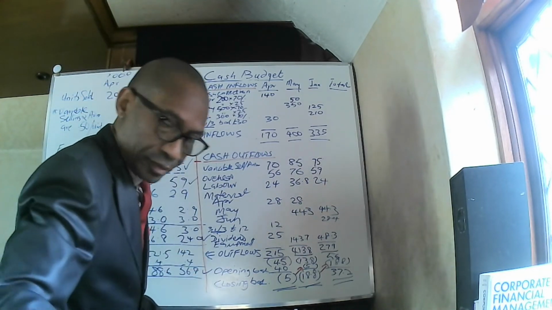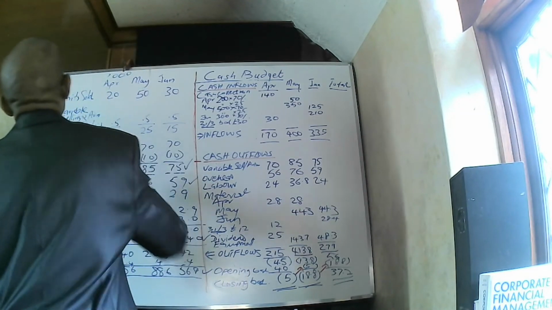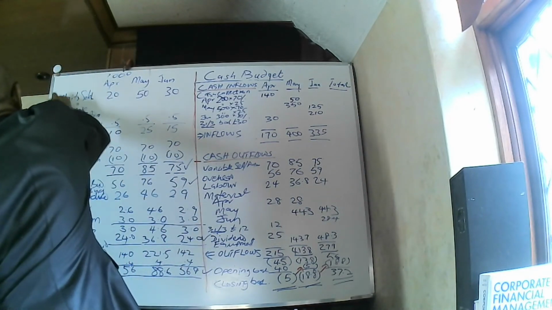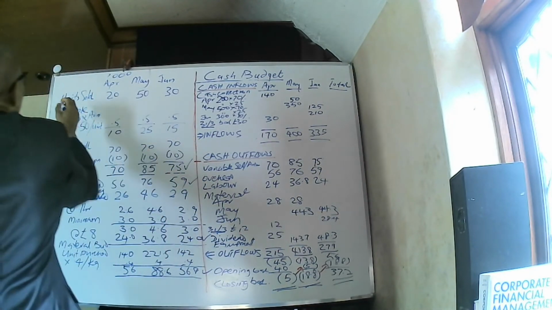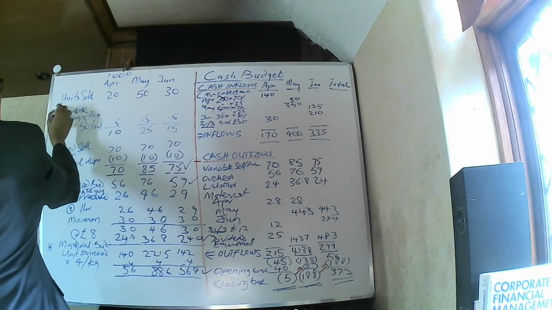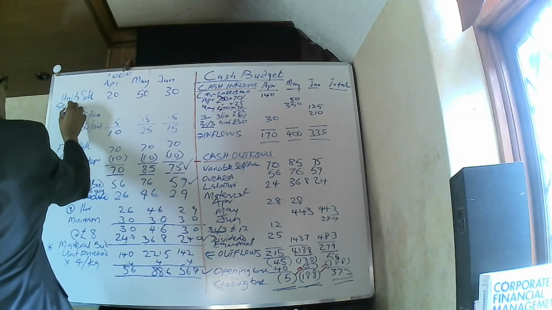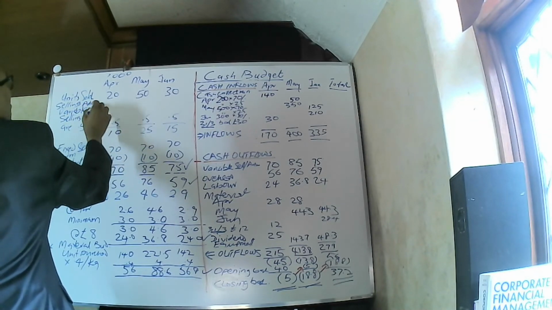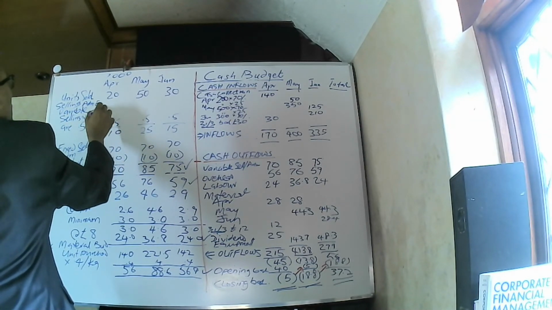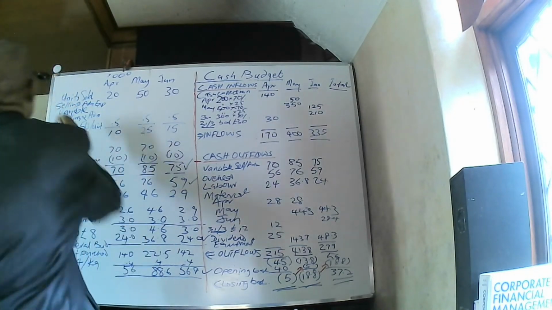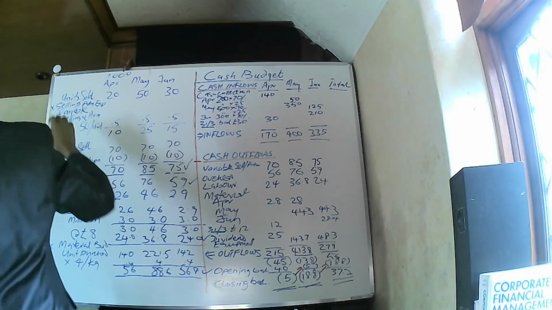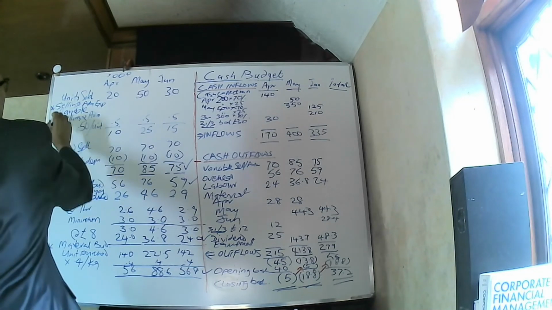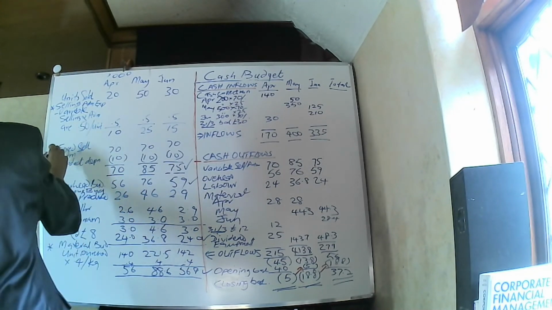This is the selling and admin in total. Expenses in total, for the variable and the fixed.